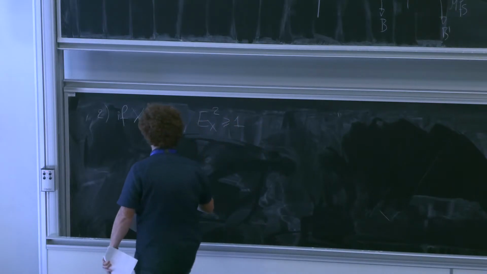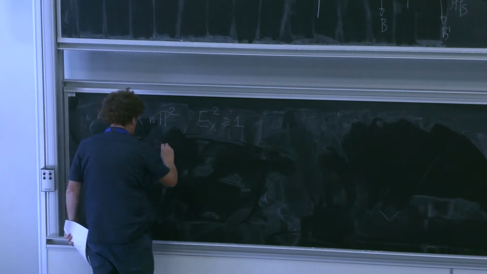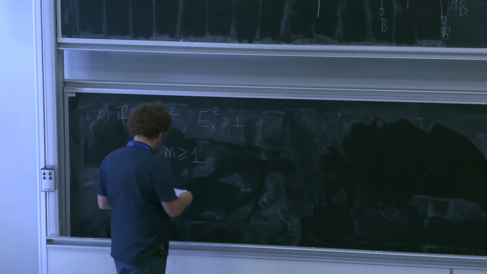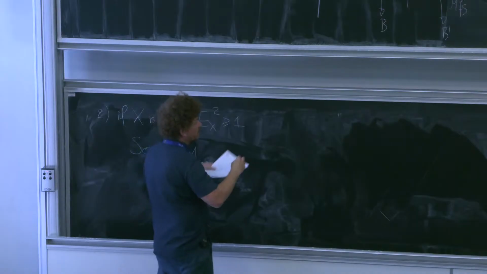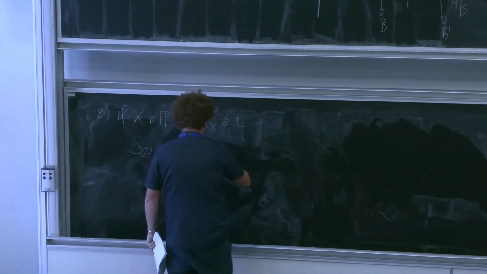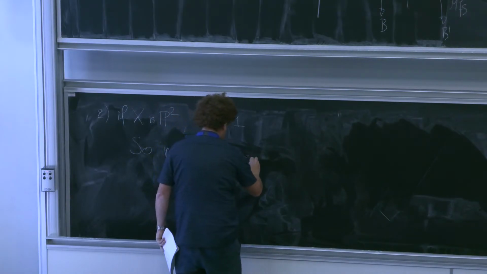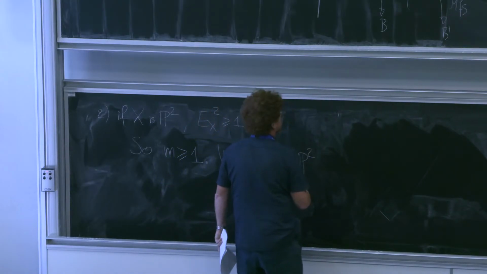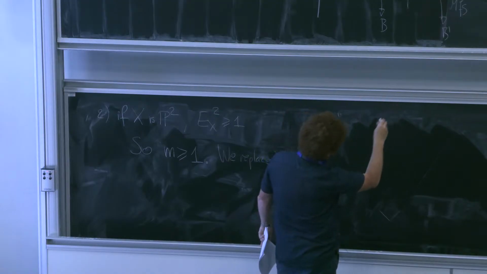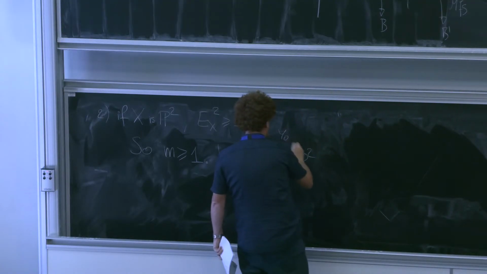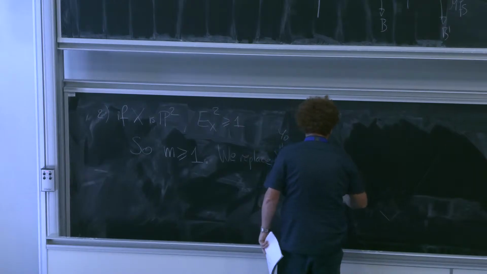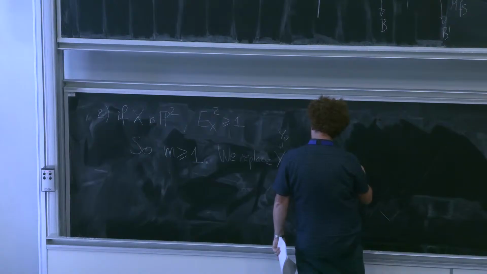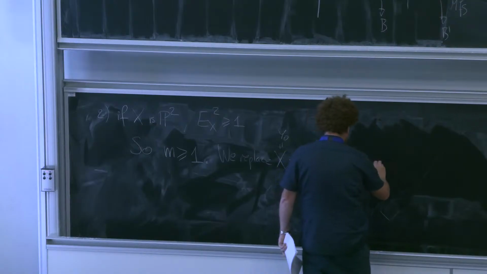So m is at least 1. And then we replace X, which was my Y0, with the blow-up of the first point, which is Y1.